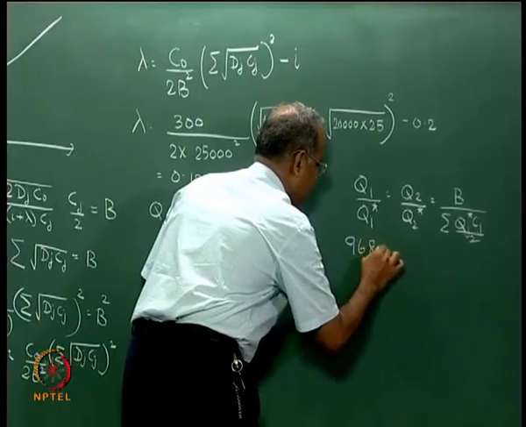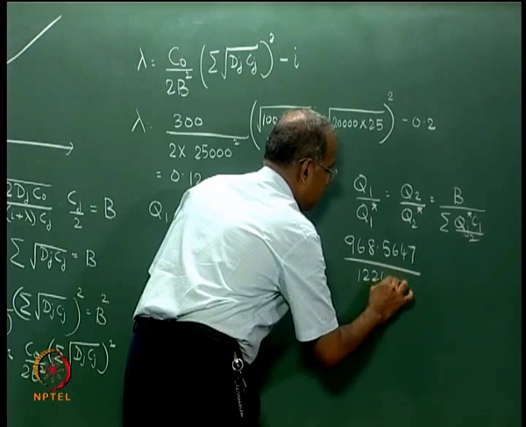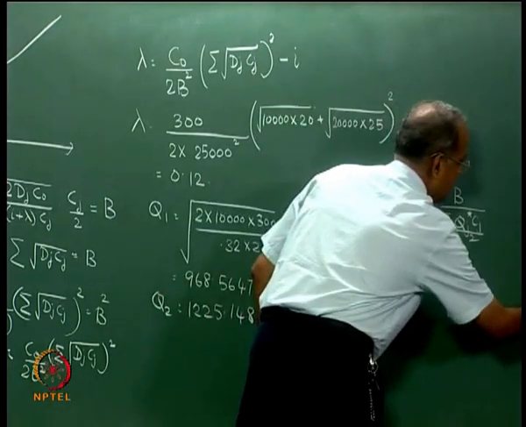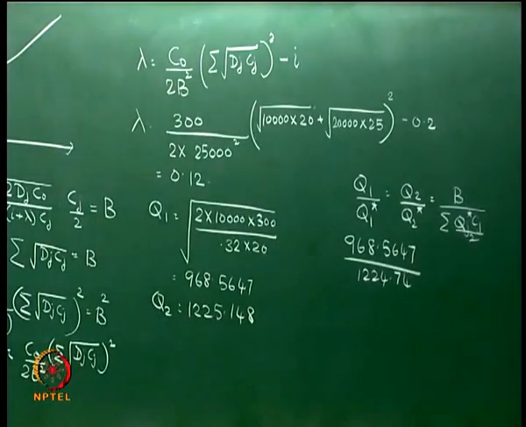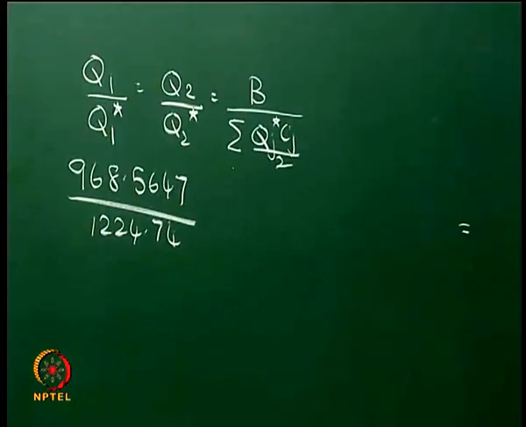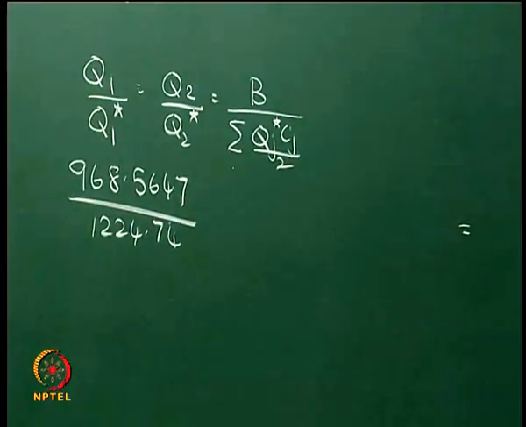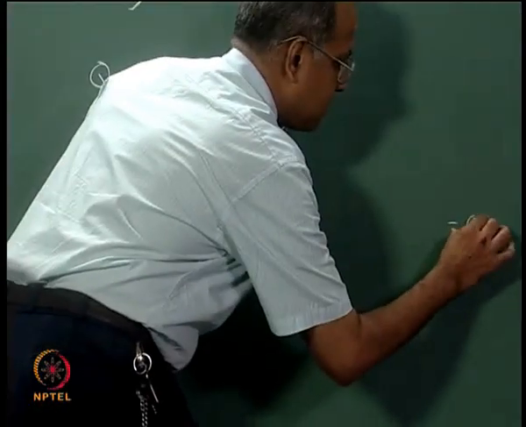For example, 968.5647 divided by 1224.74 is equal to 0.7908.